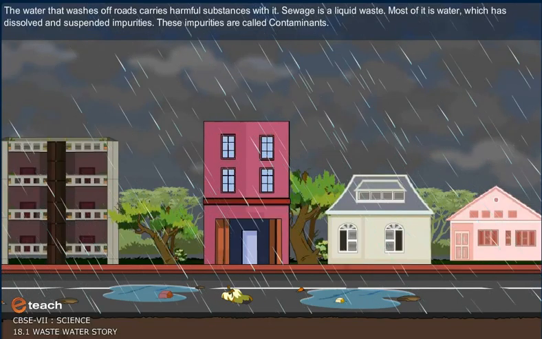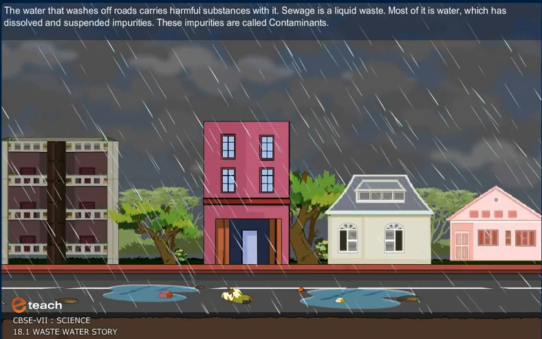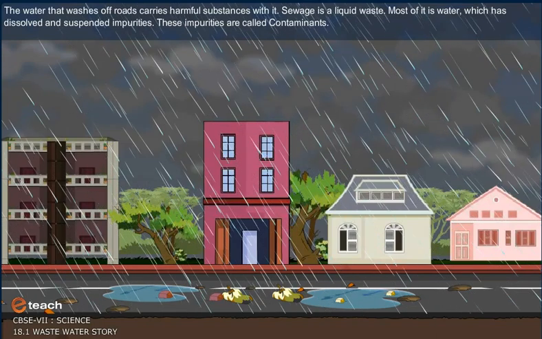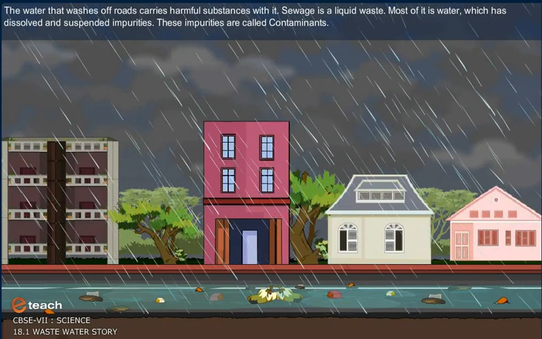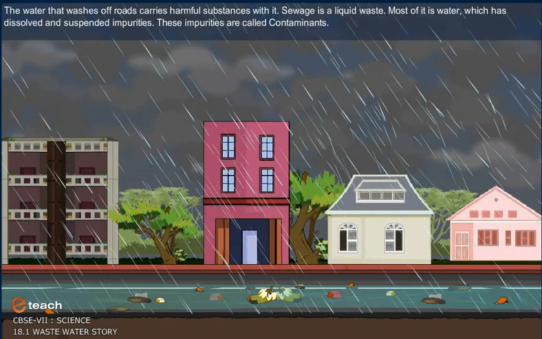The water that washes off roads carries harmful substances with it. Sewage is a liquid waste. Most of it is water, which has dissolved and suspended impurities. These impurities are called contaminants.